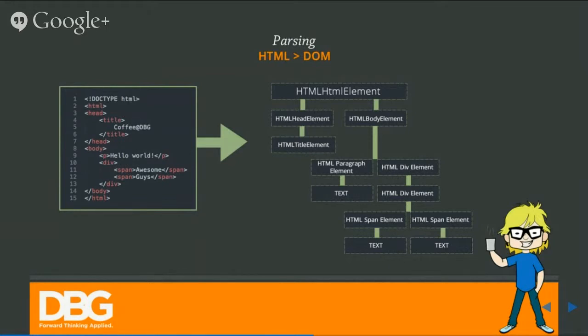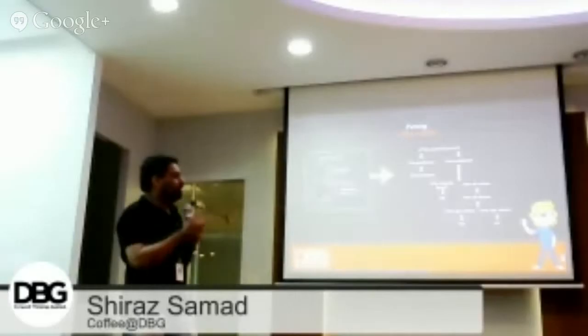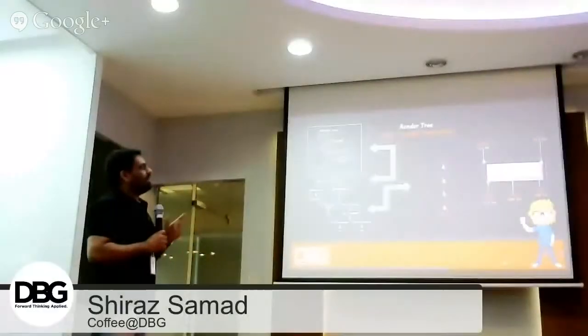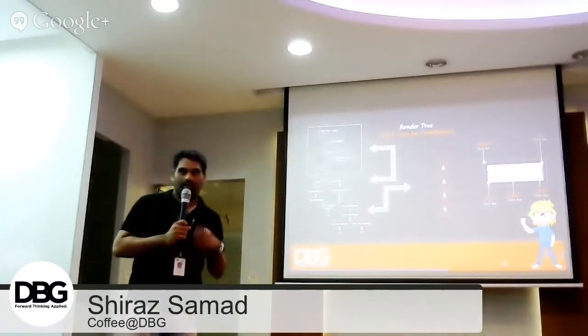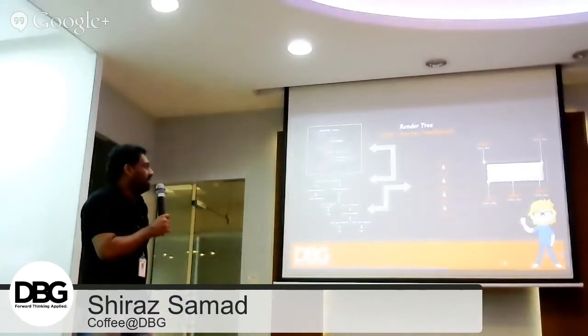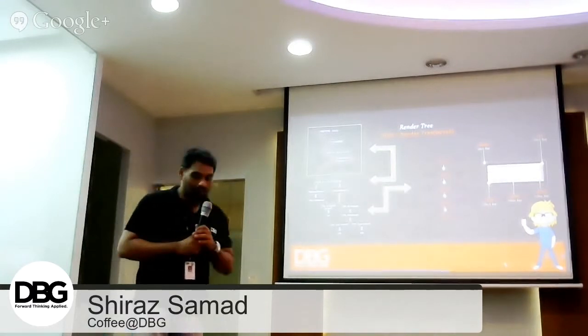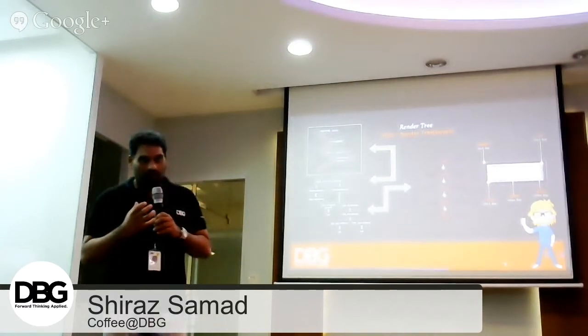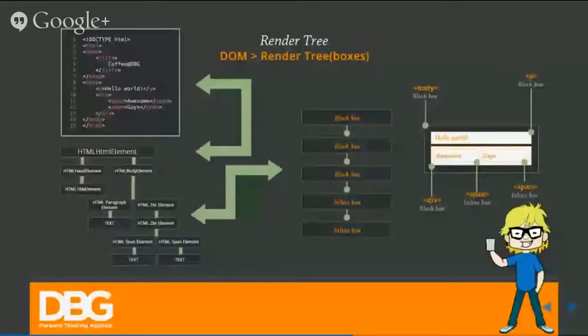The next step is this DOM tree gets converted into another tree, and that's called the render tree. Here what happens is the blocks get visual attributes. For example, the HTML element will be converted to a block box.